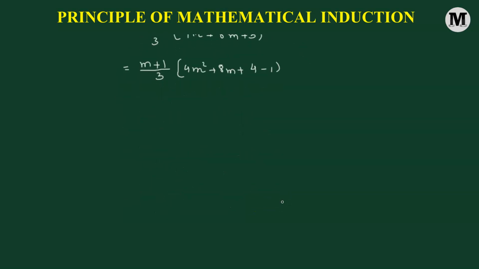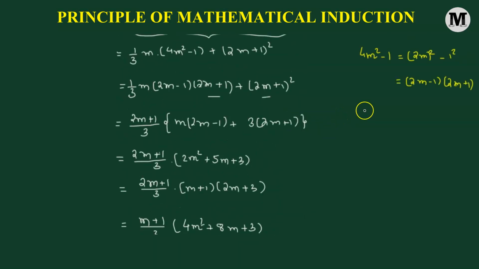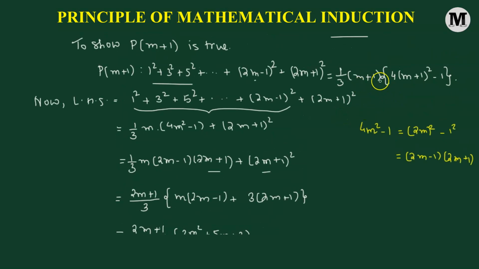Now we have 1 over 3 multiplied by (m plus 1) multiplied by 4m squared plus 8m plus 4, that can also be expressed as 4 multiplied by (m plus 1) whole squared minus 1. And this is exactly the expression that we needed. So this is the right hand side. We can verify that: we needed 1 over 3 times (m plus 1) multiplied by (4 times (m plus 1) whole squared minus 1).